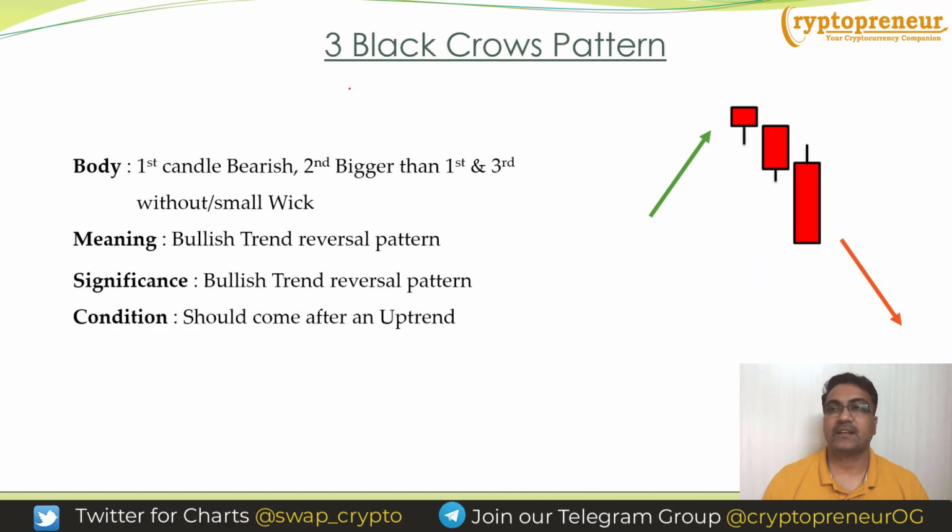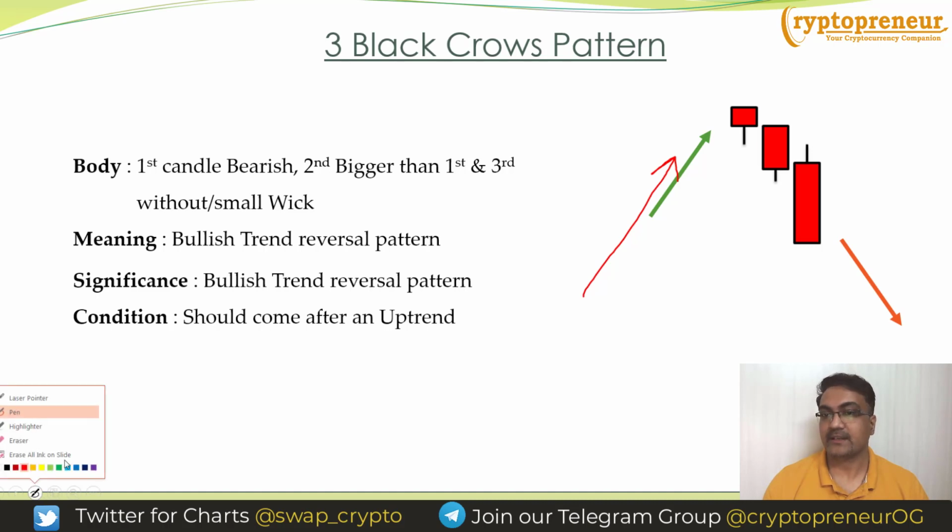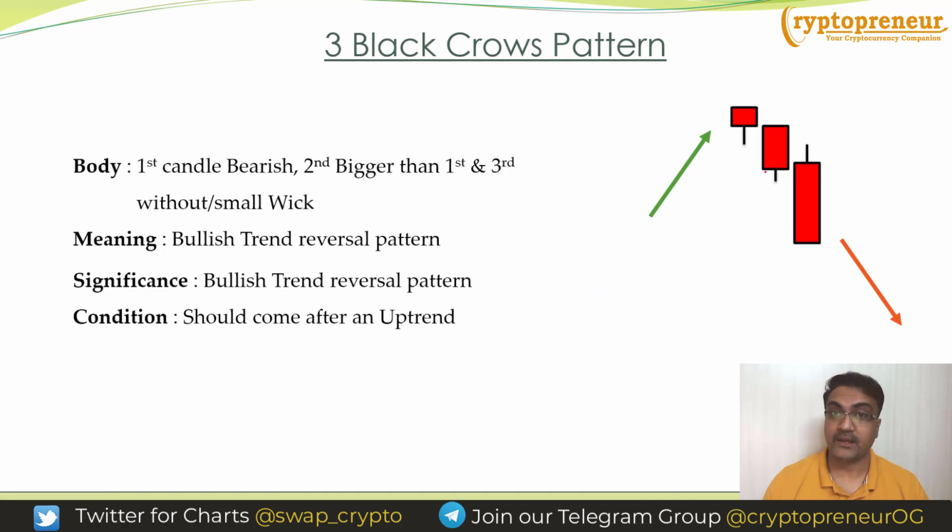Now this is another type, the three black crows pattern. Usually it forms when three candlesticks come one after another, and it should come after an uptrend. Once we see this, we may see a bigger reversal from here.